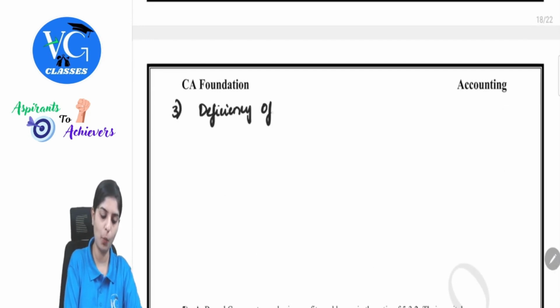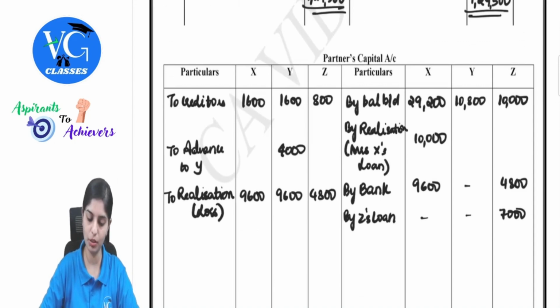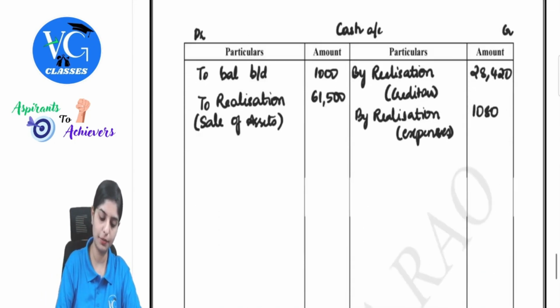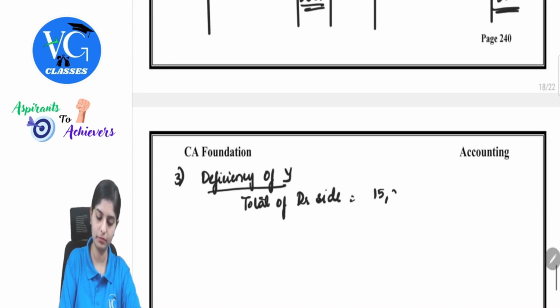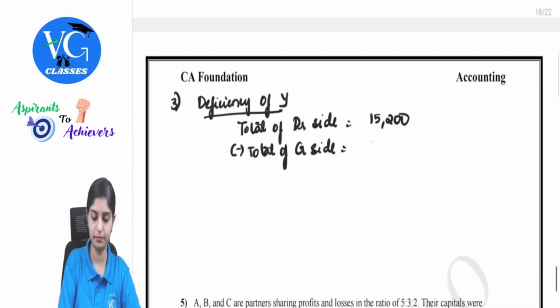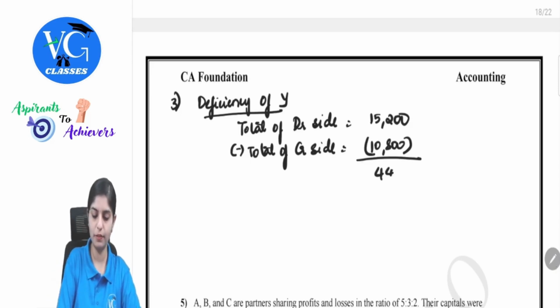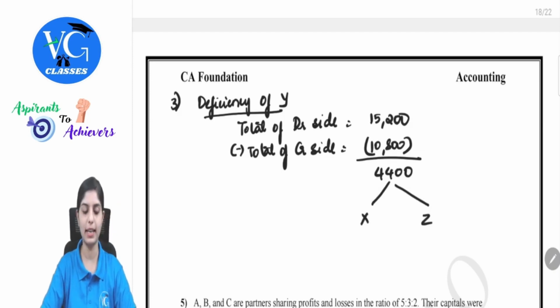Deficiency of Y. Total of debit side 1,600 plus 4,000 plus 9,600 is 15,200 minus total of credit side. So this will be 10,800. 4,400 is the deficiency. This will be borne by solvent partners X and Z in capital ratio.